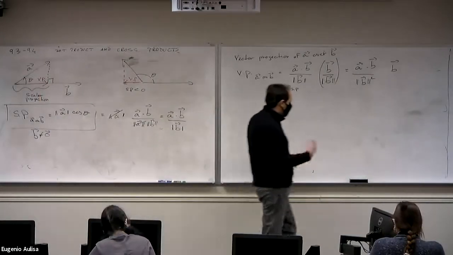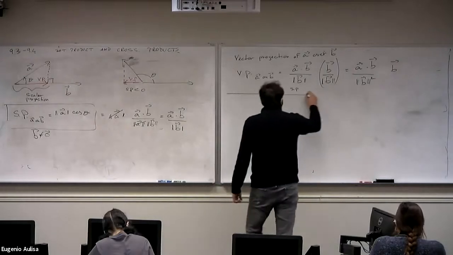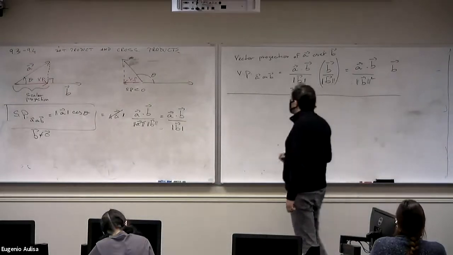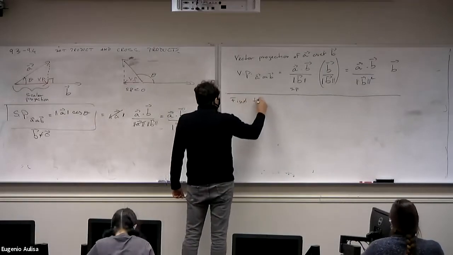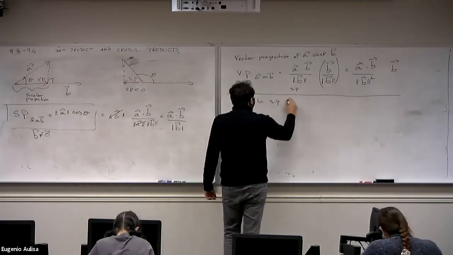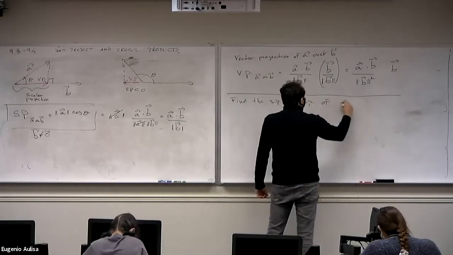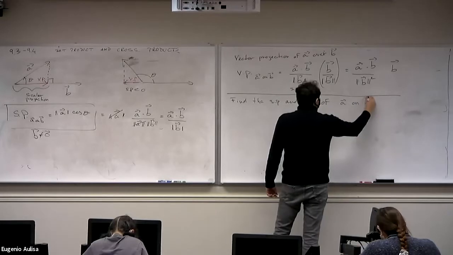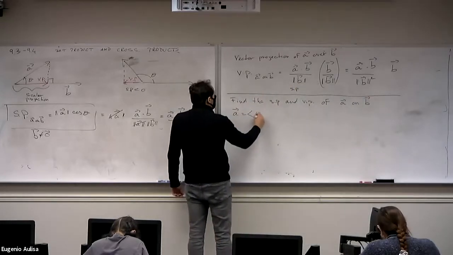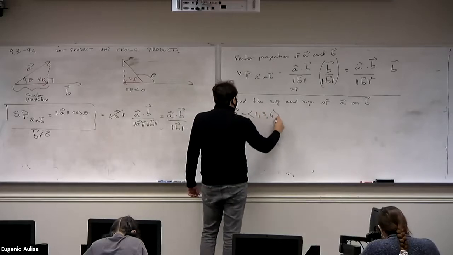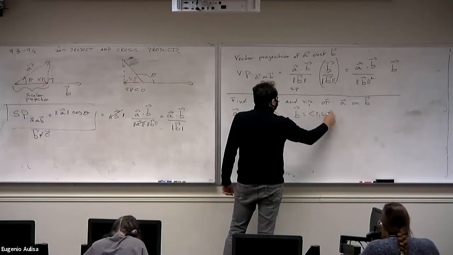So, find the scalar projection and the vector projection of A on B, where A is the vector 1, 3, 4, and B is the vector 2, 4, 3.